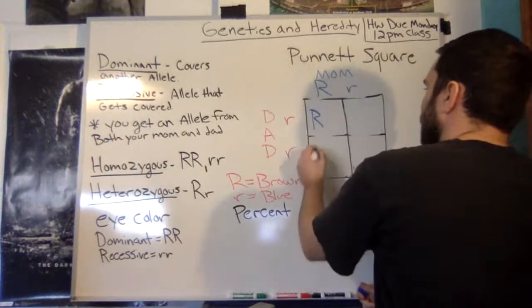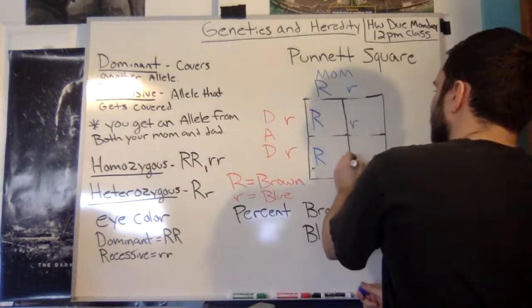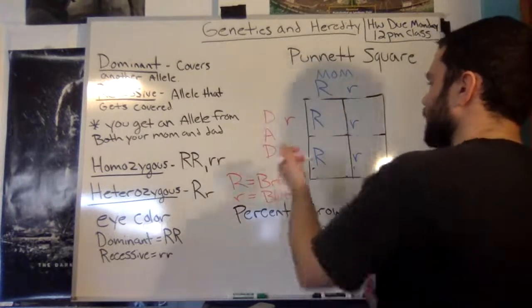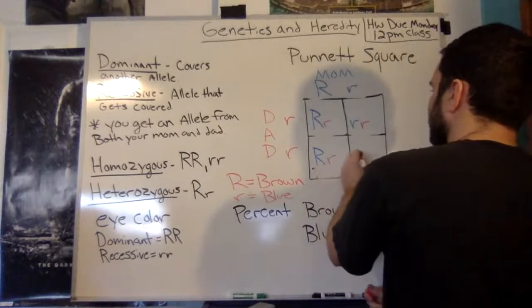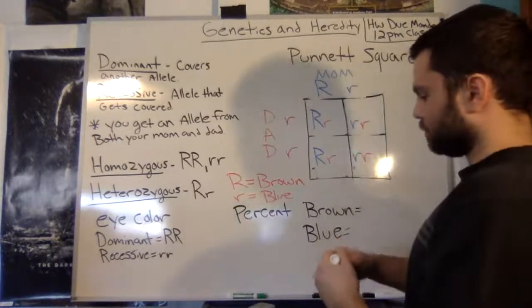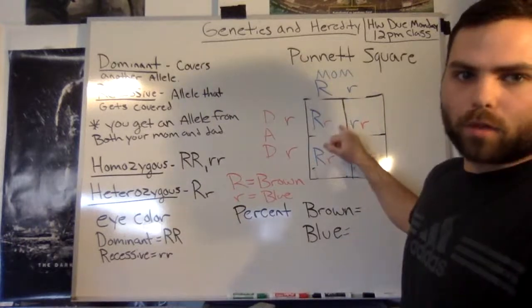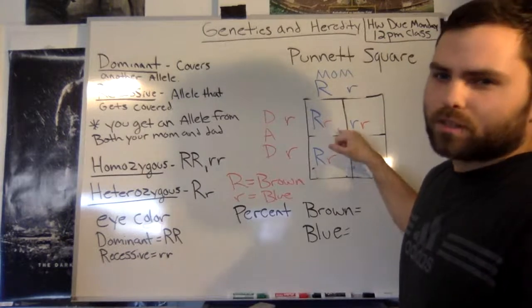We got uppercase R, uppercase R, lowercase r, lowercase r. We're going to go across with dad, lowercase r, lowercase r. So now looking at this, what's my first square going to be? Is it going to be brown or blue eyes? Write your answer in the comments.